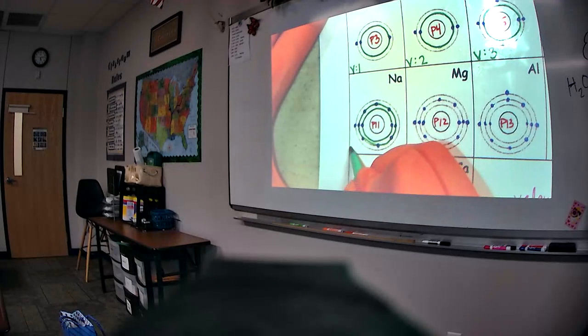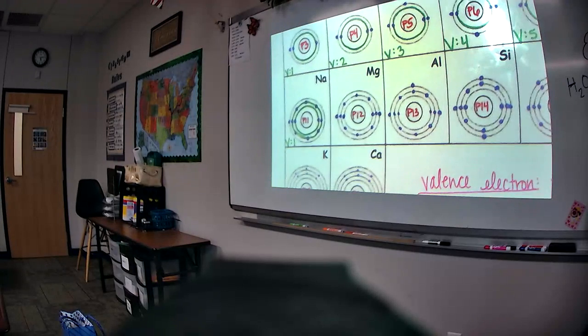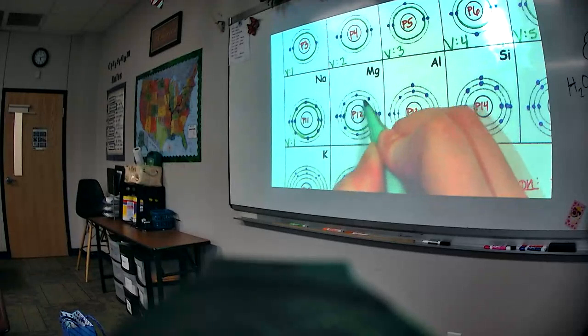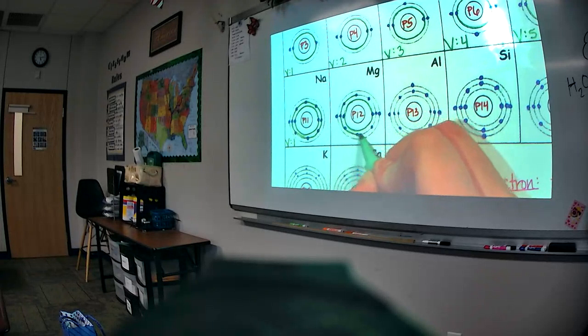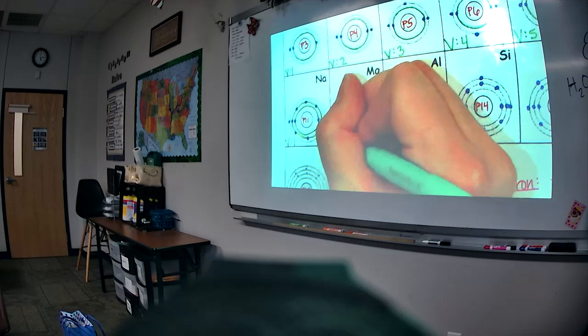Very good. Magnesium has a full first shell and a full second shell. And how many in the third shell? 2. Is that third shell full? No. So those 2 electrons are considered valence electrons.